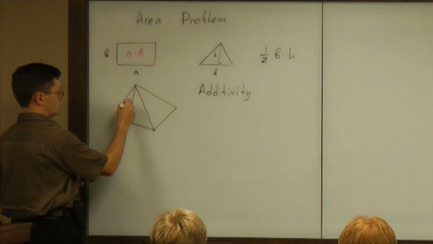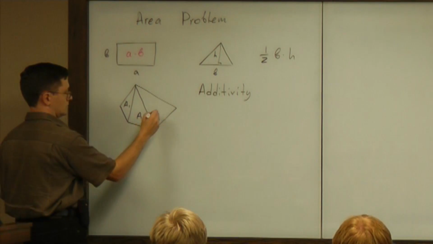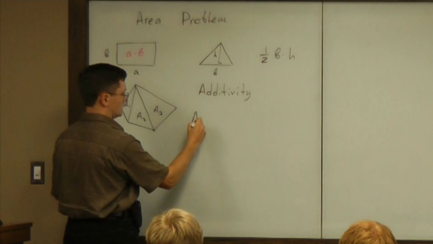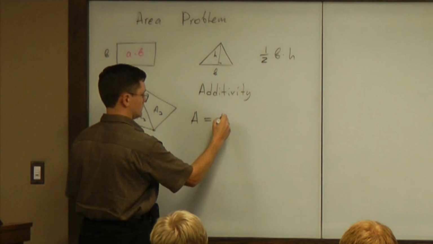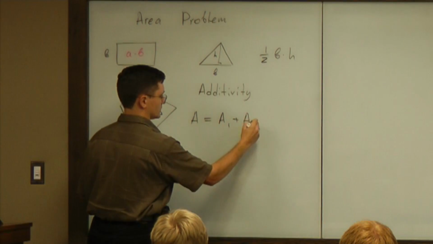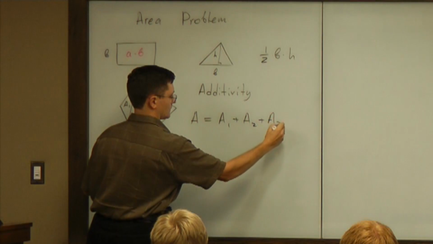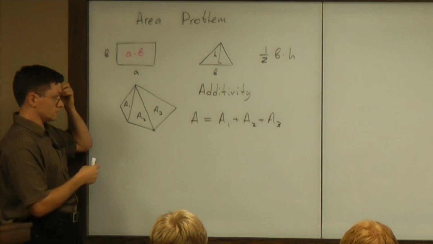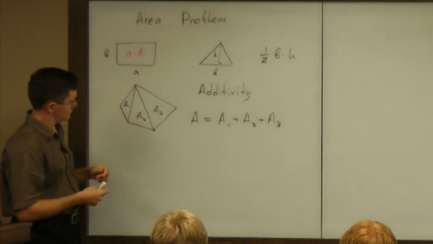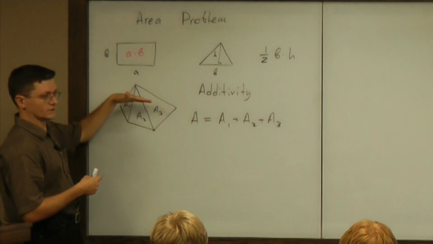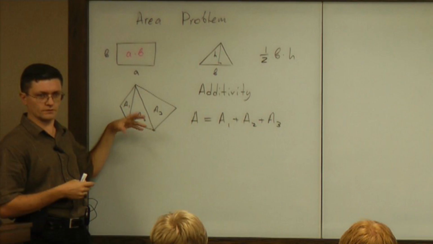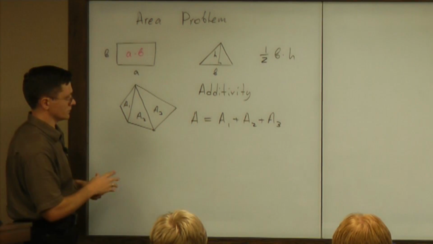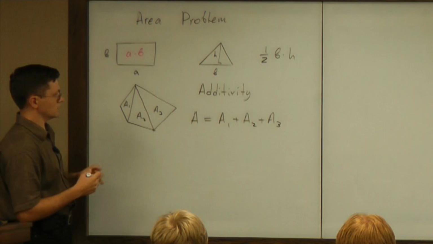If we have areas A1, A2, A3 making up the whole area A together, then the total area is the sum of those areas. And then we use this to argue that no matter how you subdivide into triangles, the result is going to be the same. But that's a different story. I don't want to go into that.